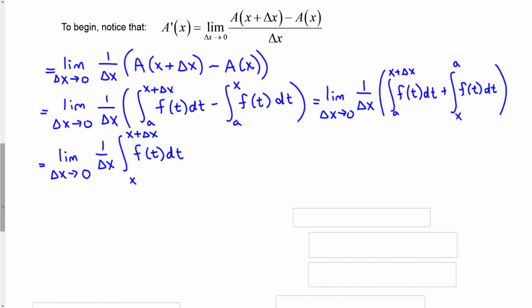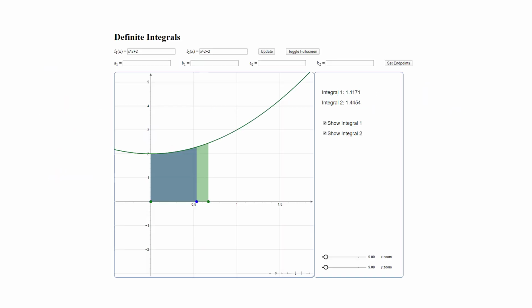And now what we'll have to do in order to determine what this actually results in is go back to our app to really visually see this. So what I have here is a setup that's given me two accumulation functions for the exact same curve.